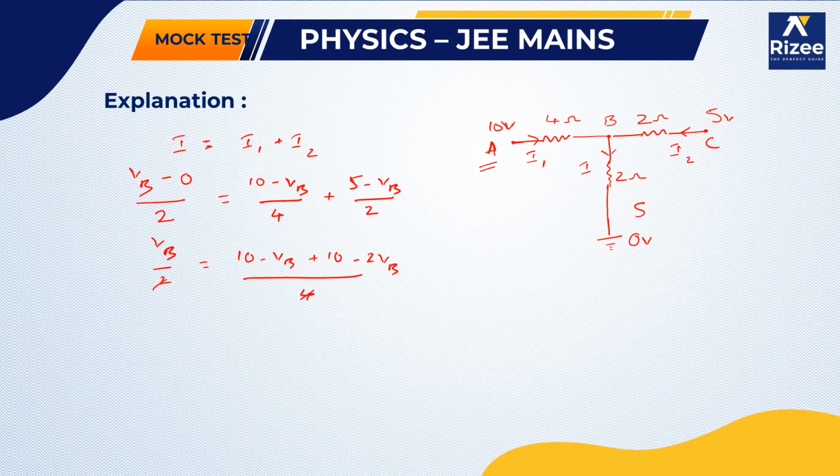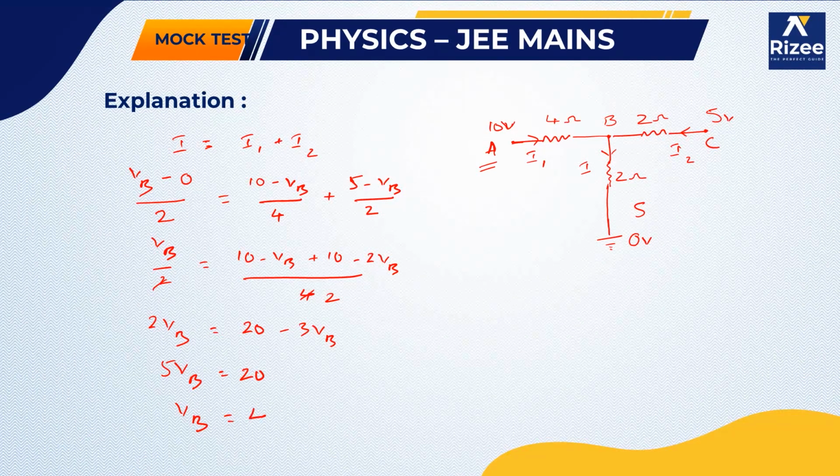So removing the denominators, 2VB is equal to 20 minus 3VB. From this, 5VB is equal to 20. From this, VB is equal to 4. So the potential at the point B is 4 volts.